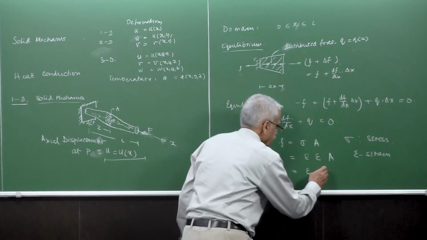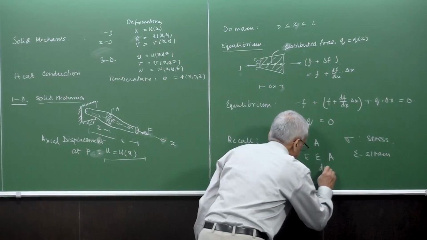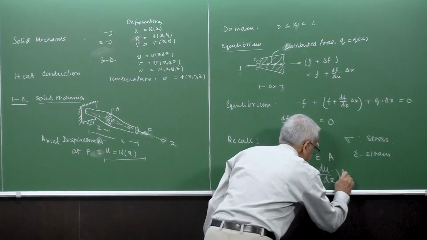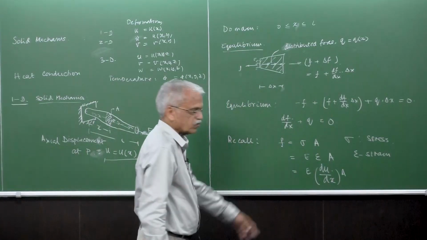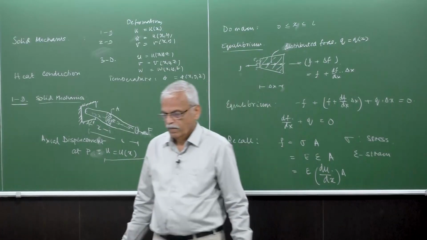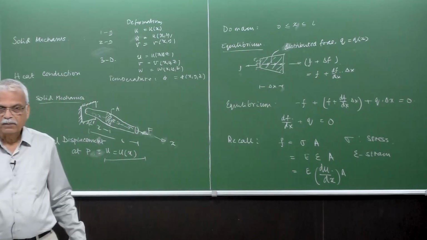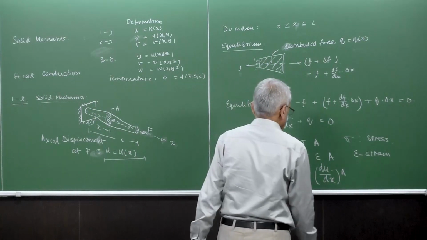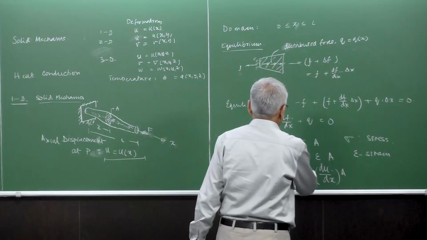So epsilon is nothing but du by dx times A, right? So the strain can be written as du by dx at any typical point. So this is E du by dx times A. So this is what F is.